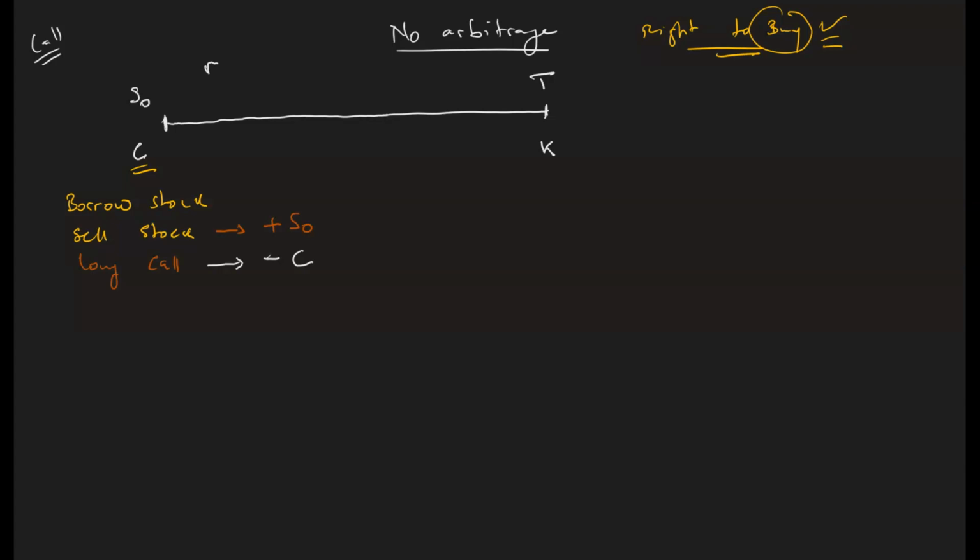So we borrowed the stock, and we sold it at S0. We used some of that sales money in order to purchase a call option, and whatever is left, let's call that value A. That's whatever is left for us to use after we spend the money to buy the call option. Now, what do we do with this money?